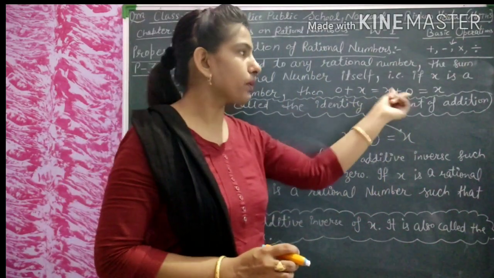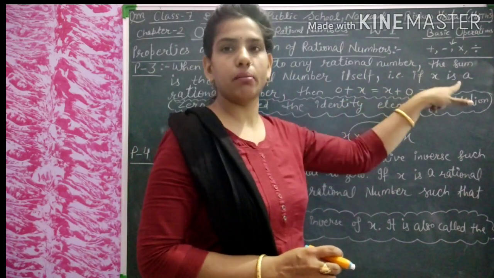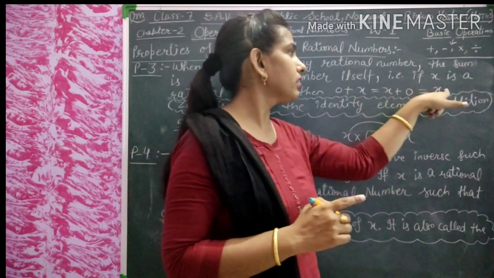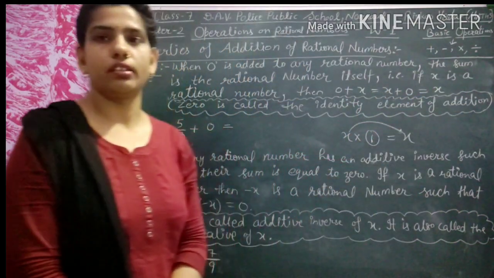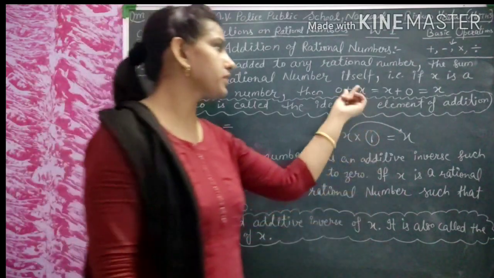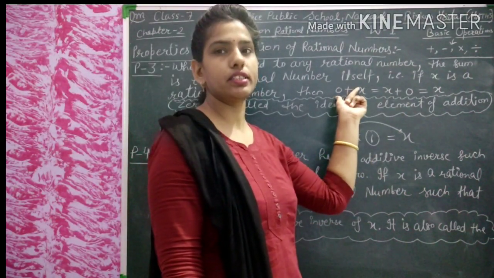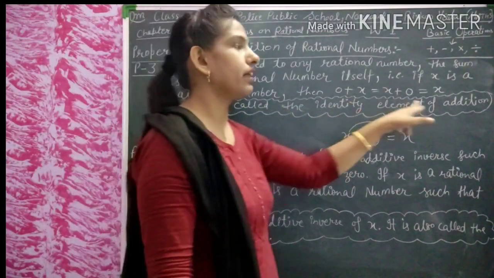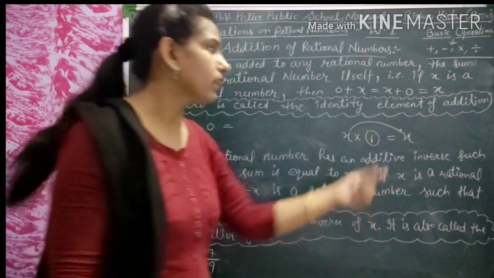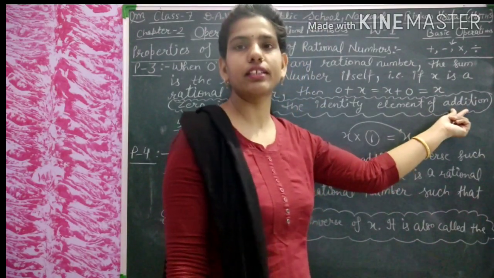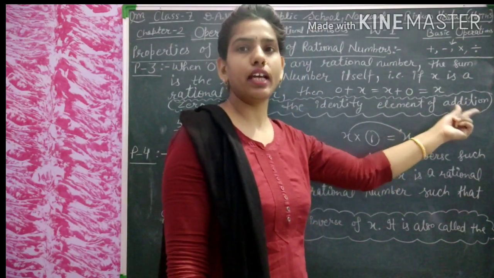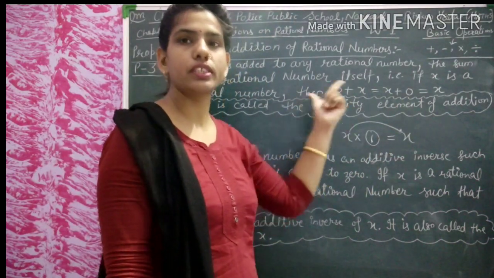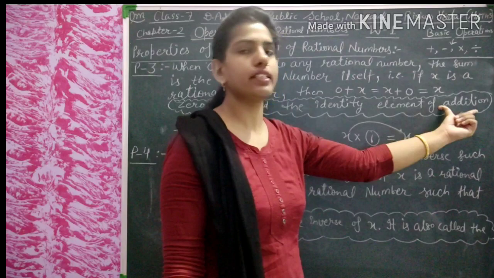But in addition, to get the same number, the number is 0. So we choose 0 as the identity element here. So 0 is called the identity element of addition. In addition, 0 is the identity.